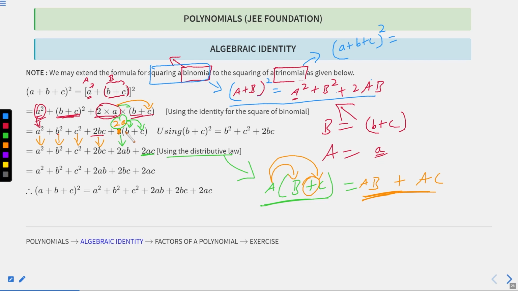Now all these remain the same. So we extended squaring a binomial to squaring a trinomial. We have another identity: (a plus b plus c) whole square is equal to a square plus b square plus c square plus 2ab plus 2bc plus 2ac.